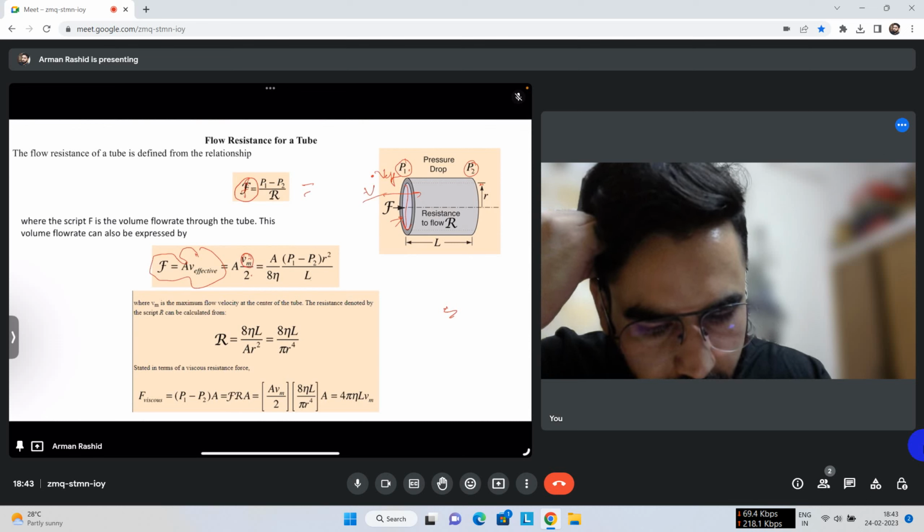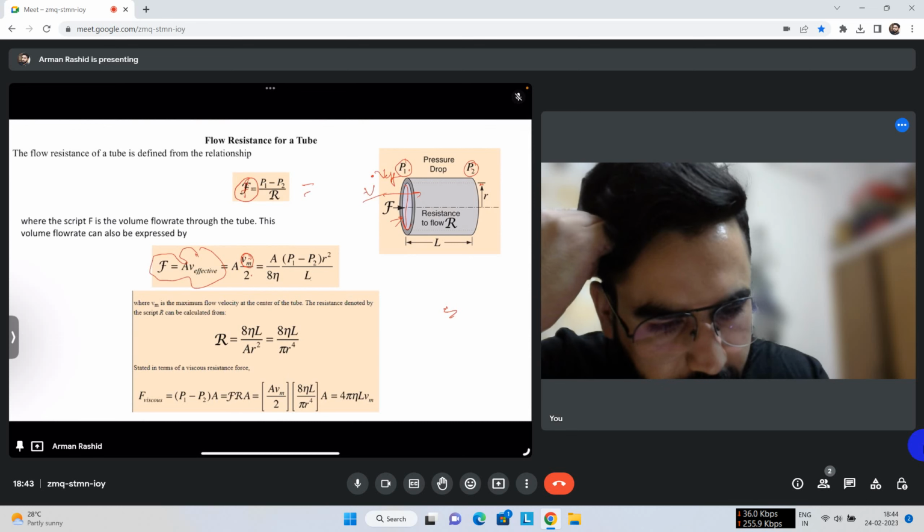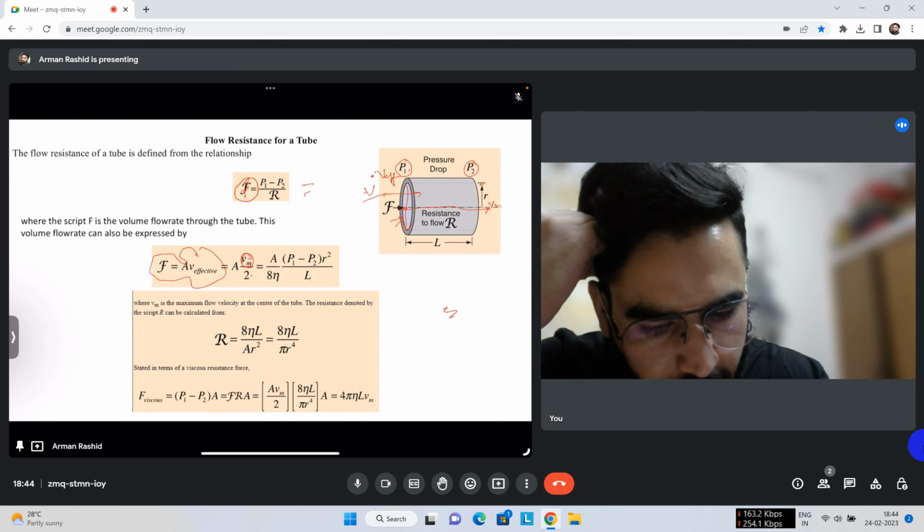Vm is actually the maximum flow velocity at the center of the tube. The velocity of the particles present here will be Vm. The resistance R will then be determined by 8 eta L by A R square.